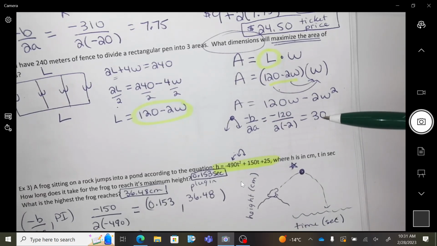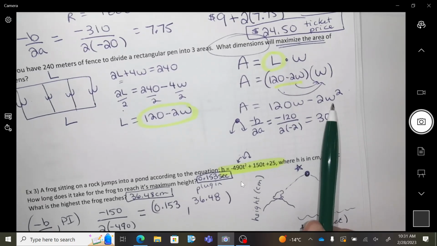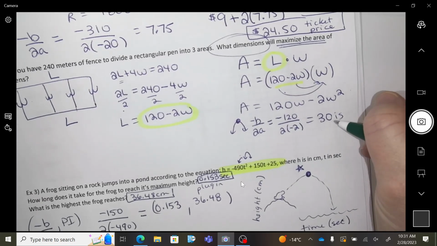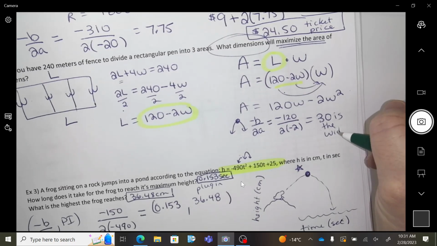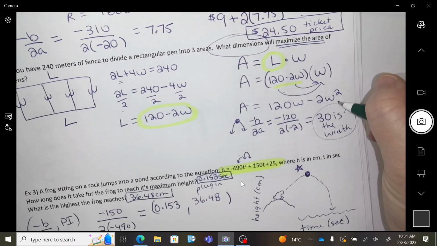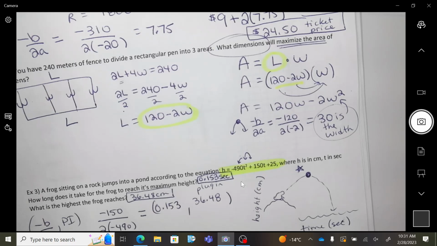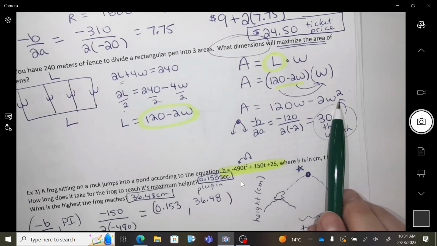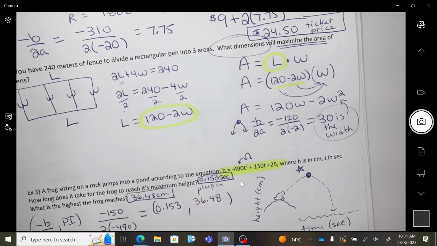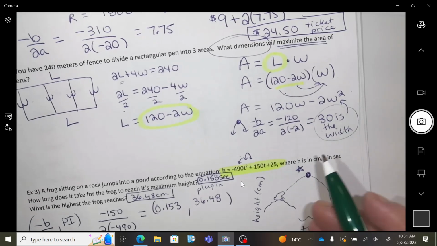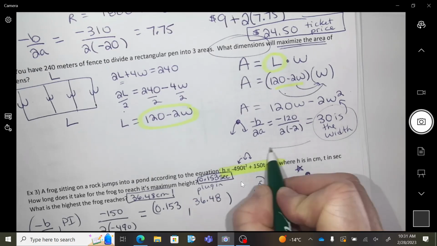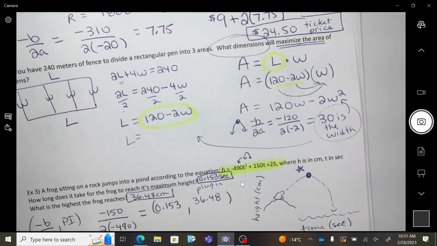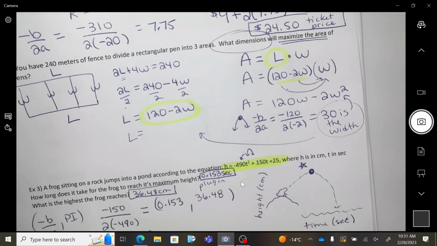What is the x in this scenario? 30 is the width. Because normally it's the x, but we don't have an x, we have a w. So if 30 is the width, what is the length? Can you go back here to find the length?